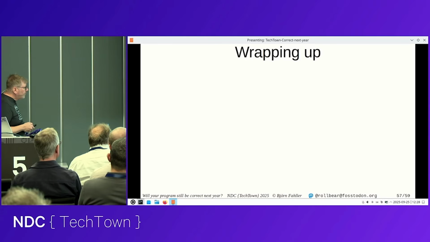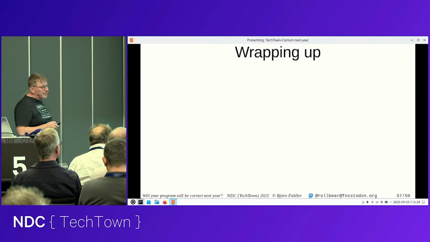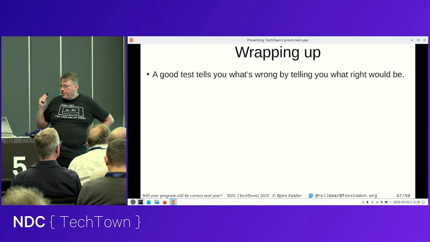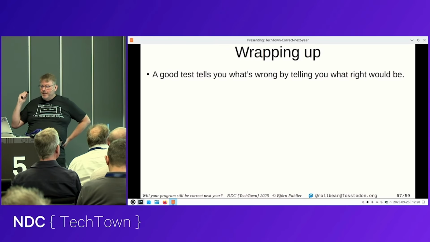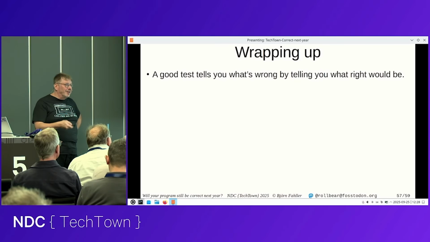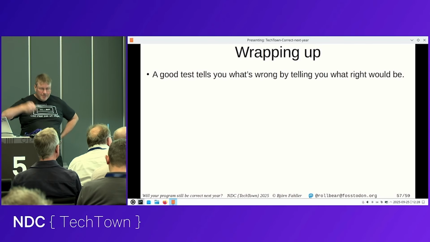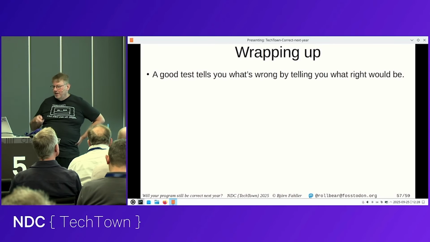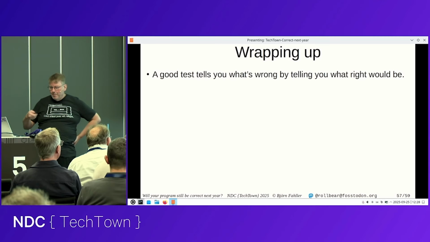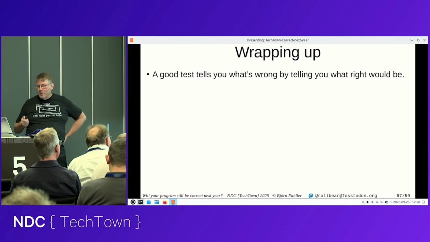So it's time to wrap up a little bit. So in my opinion, a good test tells you what's wrong by telling you what right would be. So you have a clear indication of what should have happened and what went wrong.